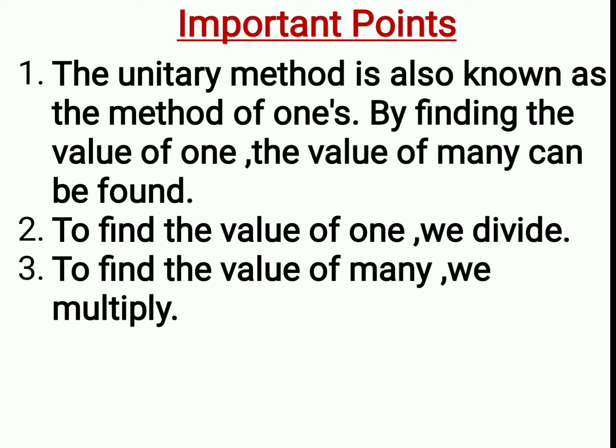When you find the value of 1, you are able to find the value of many items. And the point I told you in the previous video: to find the value of one thing you have to divide, and to find the value of many you have to multiply. M for many and M for multiply. These are the points you have to write down in your maths copy.